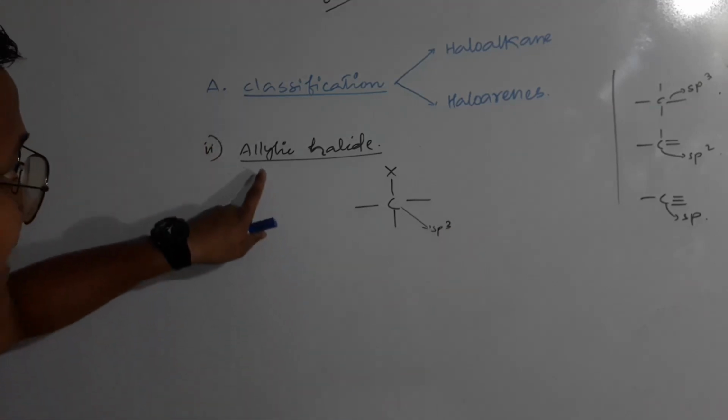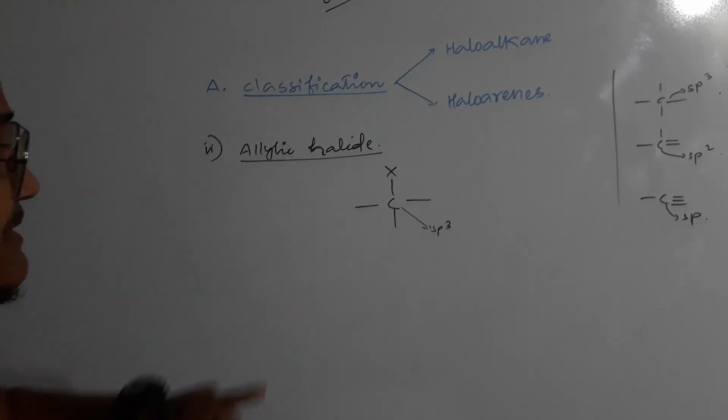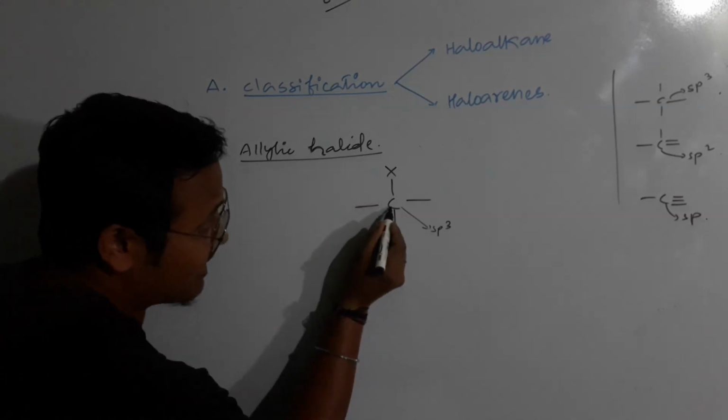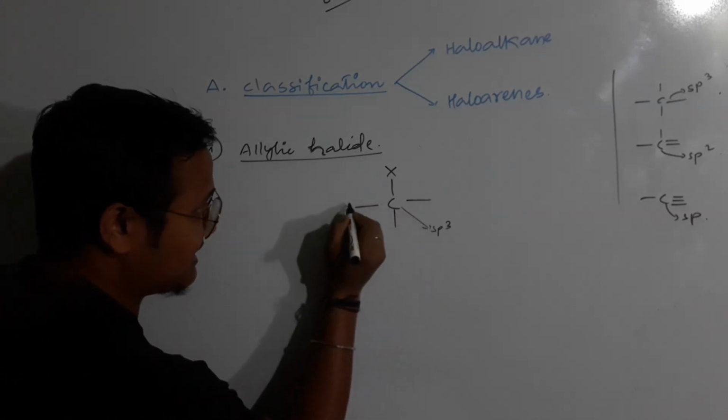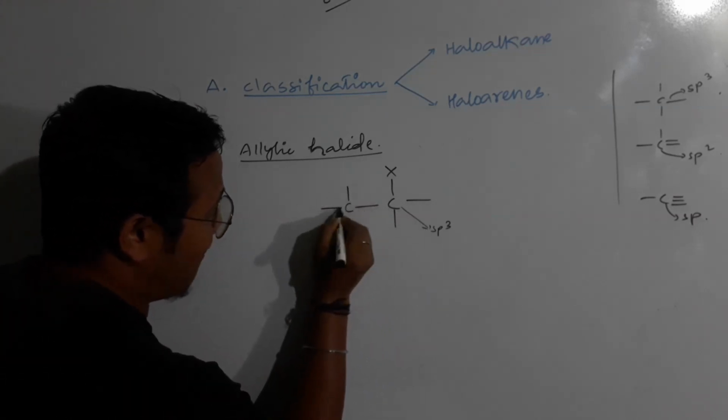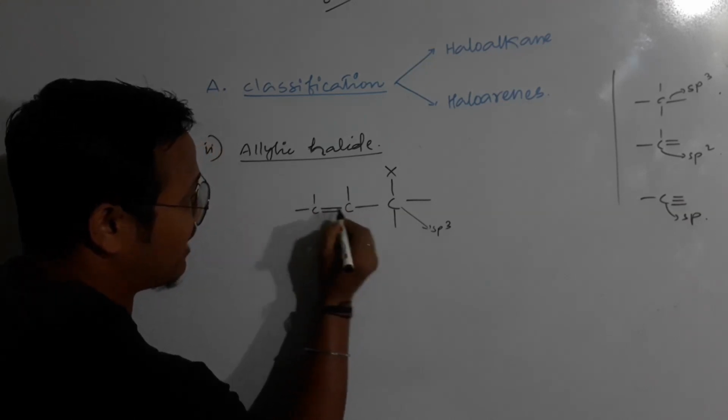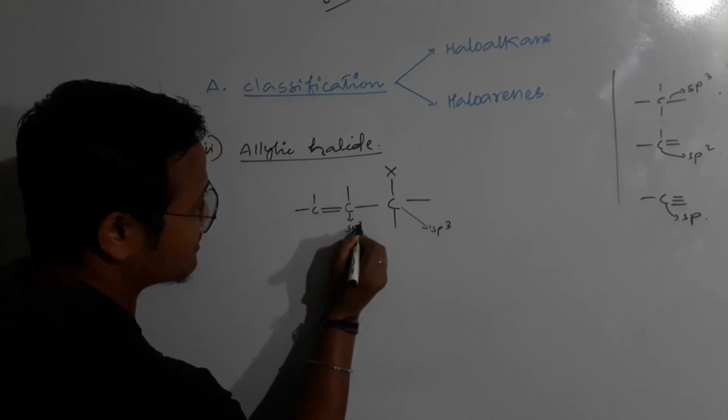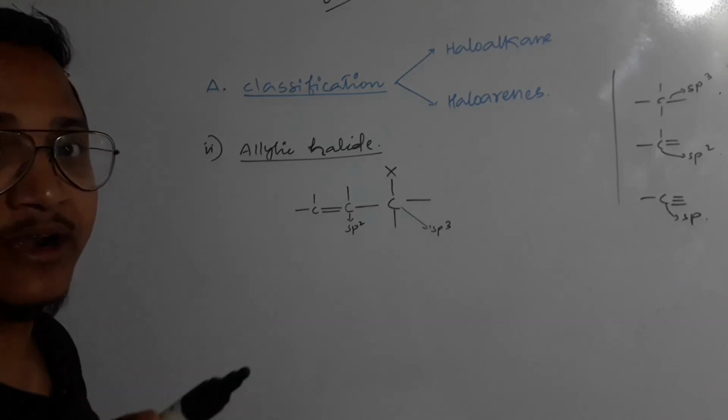But in the case of allylic halide, what exactly happens is that this alpha carbon, the sp3 carbon, is directly bonded to an sp2 hybridized carbon atom. That means your double bonded carbon atom.